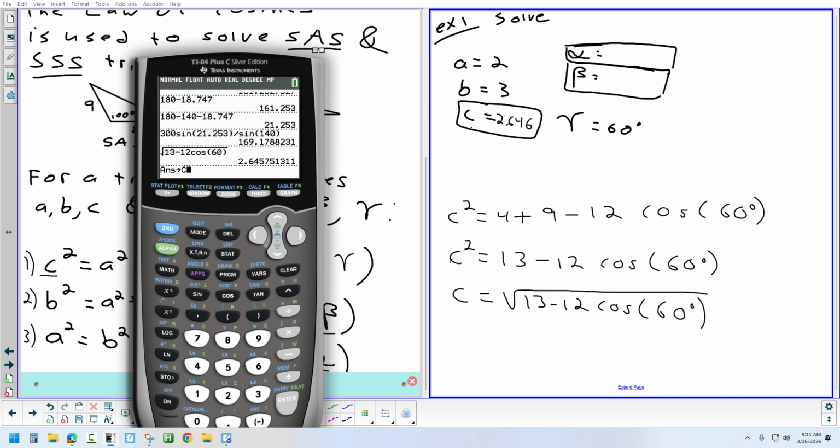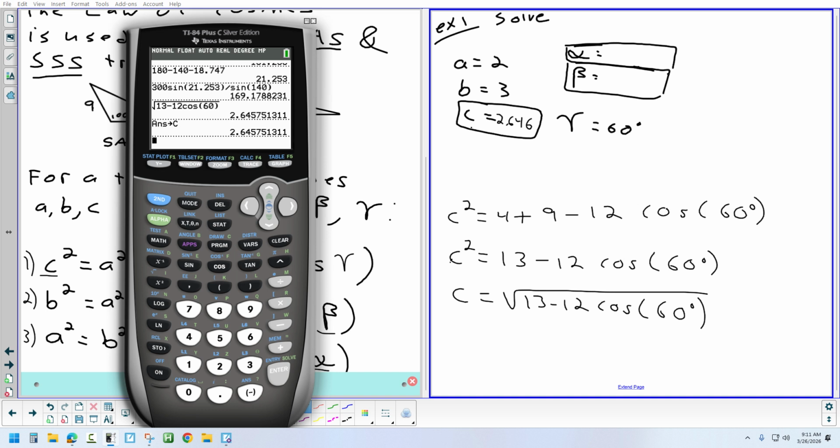So I've told the calculator to take that number and save it in the letter C. Hit enter, and now it's in the letter C. It'll stay in the letter C forever, even when you turn the calculator off, it still stays there. If you want to check what's in that letter, you can press alpha, press C, hit enter, and it'll tell you what you have saved there.